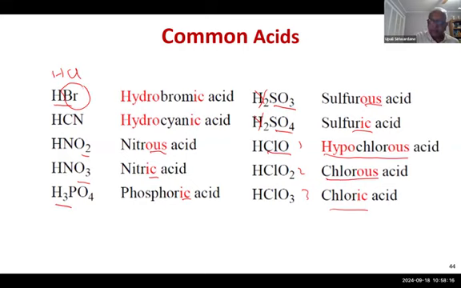Chlorous acid is called chlorite, chlorite ion. Perchloric acid, perchlorate ion. We're going to look into that.